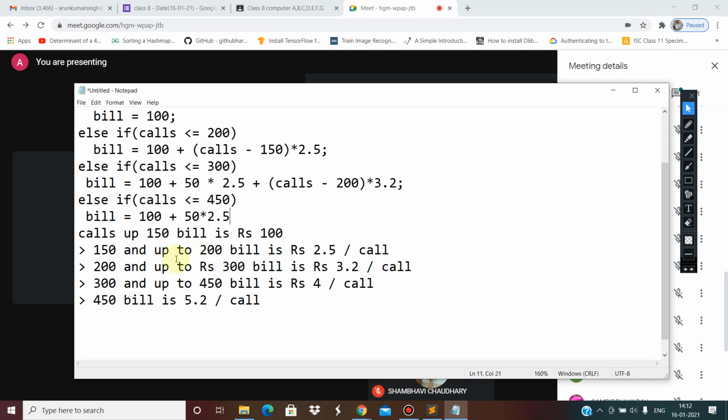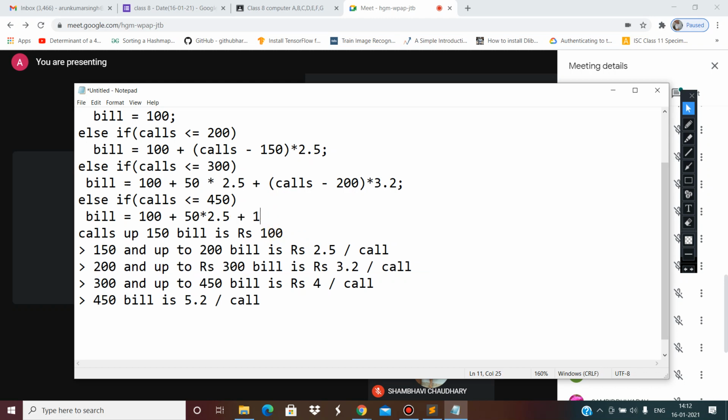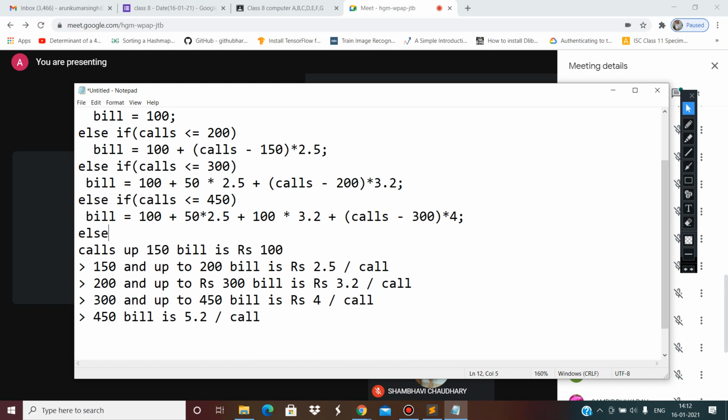So 50 into 2.5 we have done. Now for this line we need to write 100 into 3.2, plus now the remaining, calls minus 300, into the rate. What is the rate? Rate is 4. Now finally it will come to the else part.